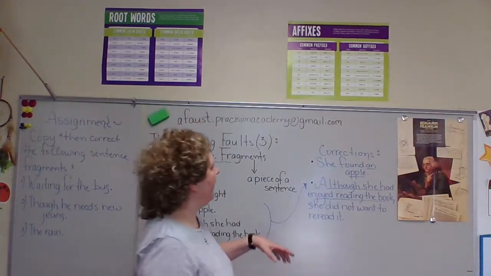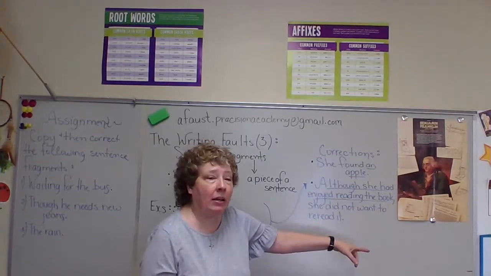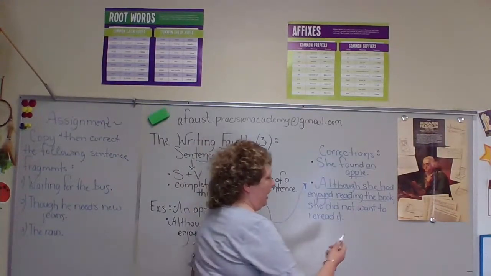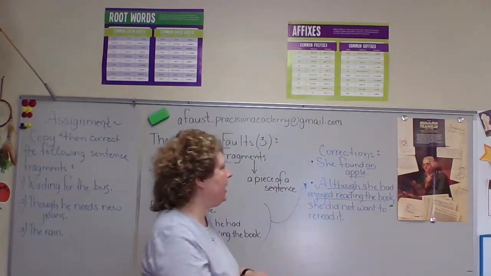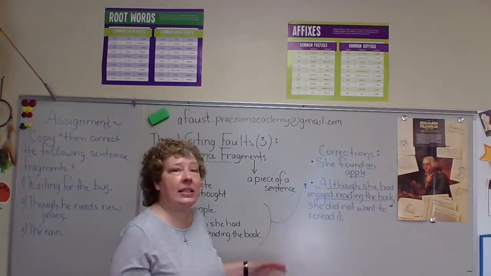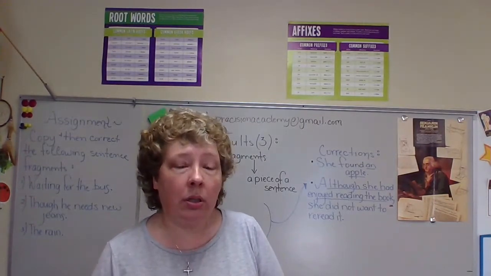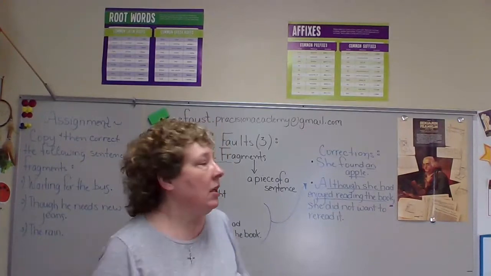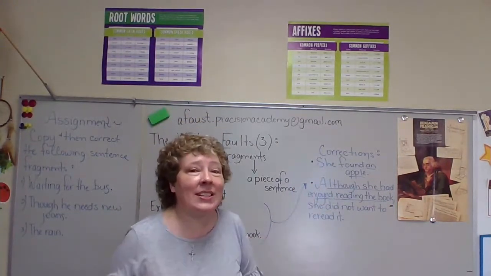Okay? Although she enjoyed reading the book, comma. Let's put a line there. Comma. She did not want to reread it. That is now a sentence. And if you remember your comma rule, DC plus IC, you can take a dependent clause, which is actually what?